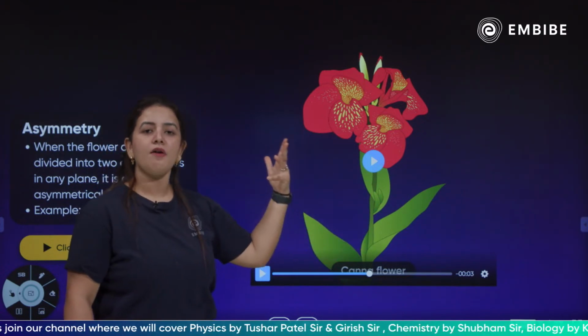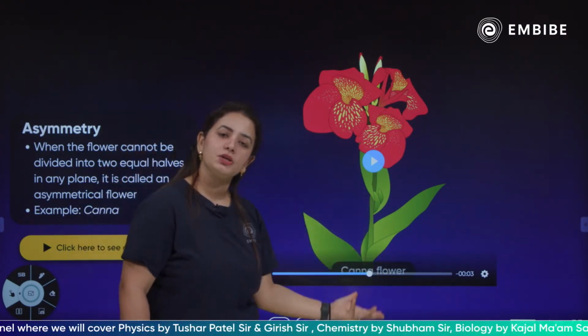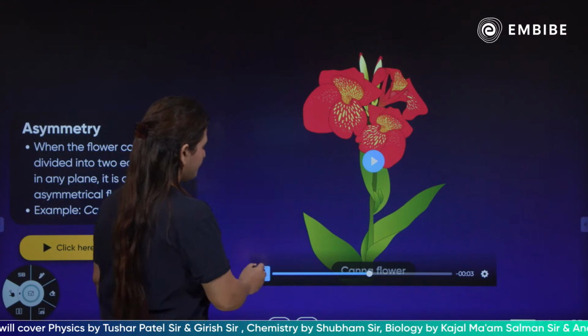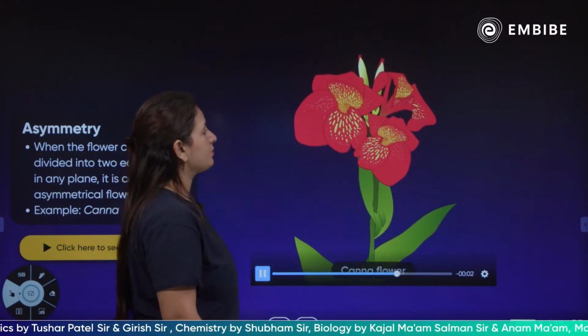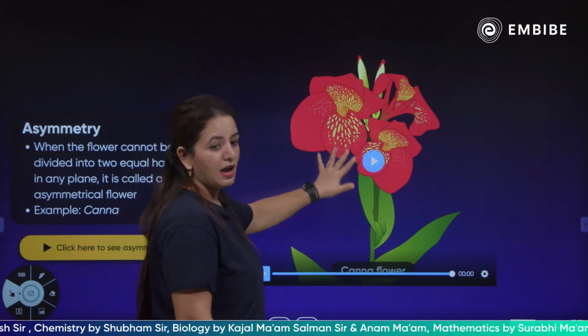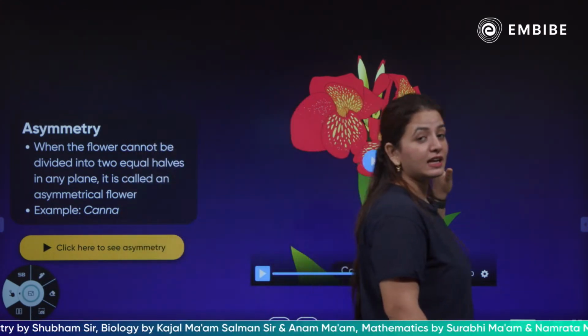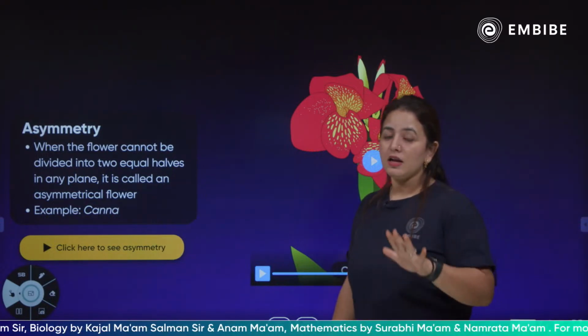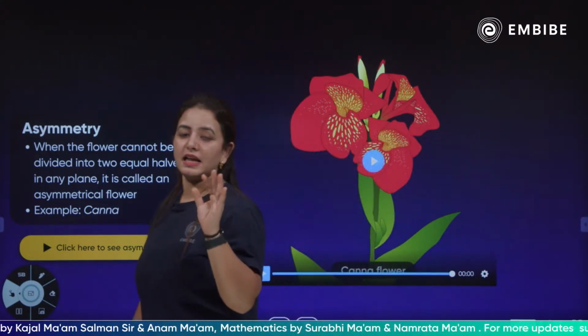That is why we have termed these asymmetrical flowers. The canna flower is asymmetrical, we cannot divide it into two equal parts from any plane. I think this is very clear, a clear depiction of why we call the canna flower asymmetrical.